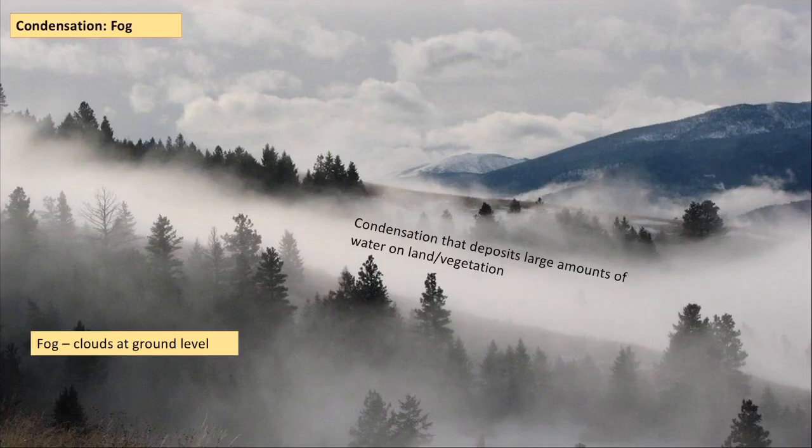So that does have an impact on our water cycle. And again, this is a process often caused by advection. So where horizontally air moves over a cooler surface, and when that cooler surface creates the dew point for the air, that means it causes condensation.